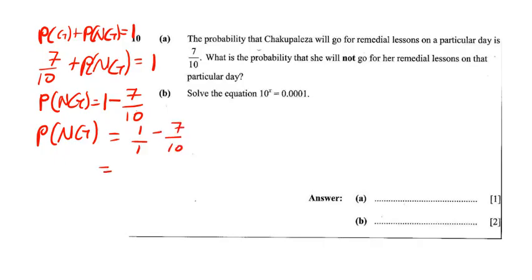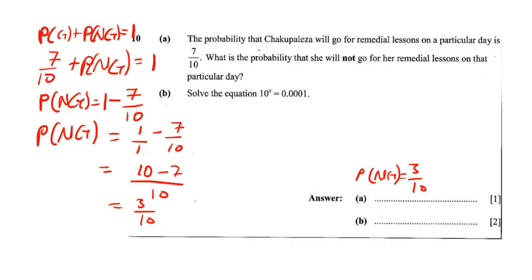The common denominator there is 10. So 10 multiplied by 1 is just a 10. 10 into 10, it is 1. 1 multiplied by negative 7 is negative 7. So this will be 10 minus 7 will be a 3 over what? A 10, like that. So your answer is 3 over 10. That is the probability that this person will not go, like that.